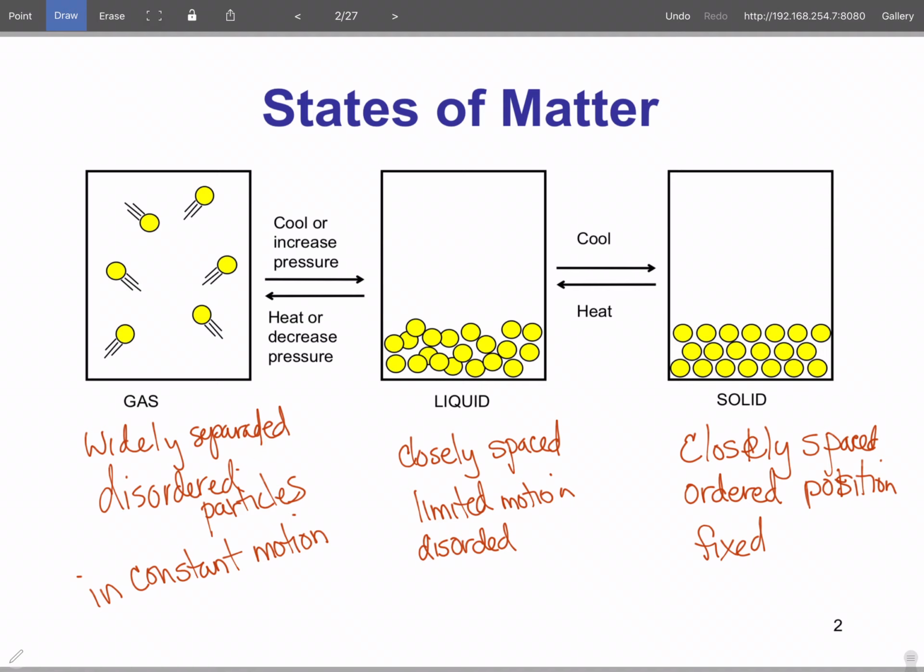If we replace the benches with seats and you had to sit down, again, when you sit down, you're still taking notes and you're still wiggling in place, but you're still in place, so then you'd be a solid. And remember, we can move between these states using temperature or pressure changes.